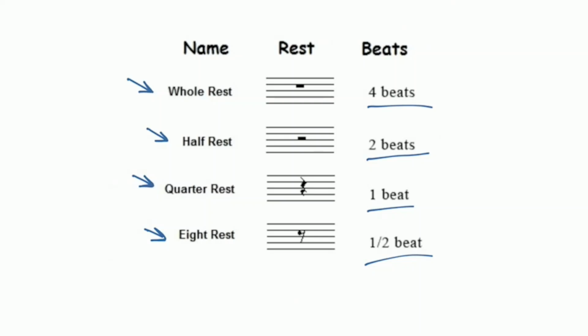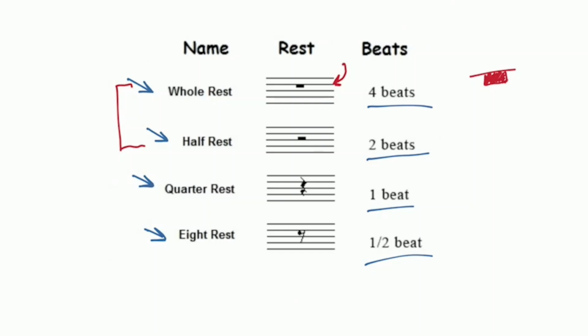And one thing I want to point out with the whole rest and the half rest is that the whole rest hangs off of the fourth line in the staff, and it looks like a cup, a bucket, or it could be a hole in the ground.